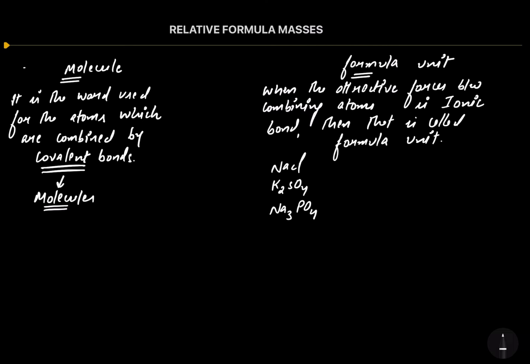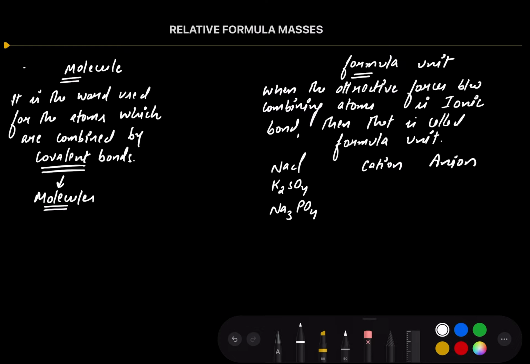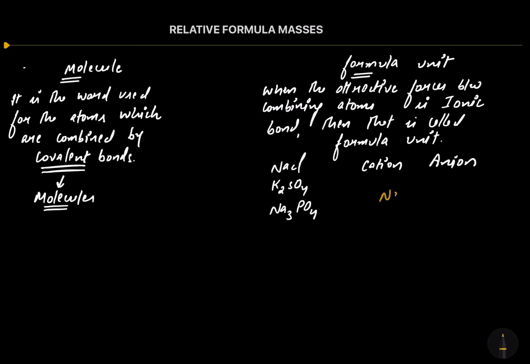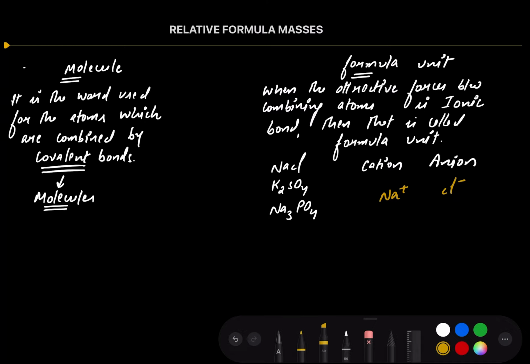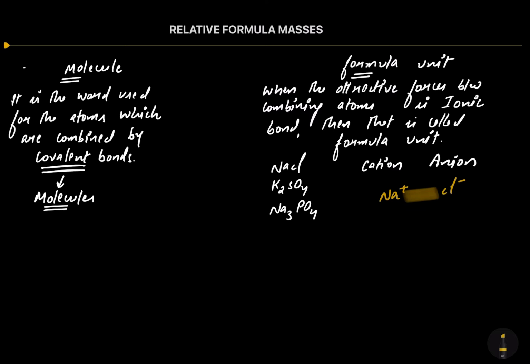And when the attractive forces are ionic bonds, that means there are two things, obviously cation and anion. So there will be electrostatic force of attraction between the combining ions, a positive Na and a negative Cl.